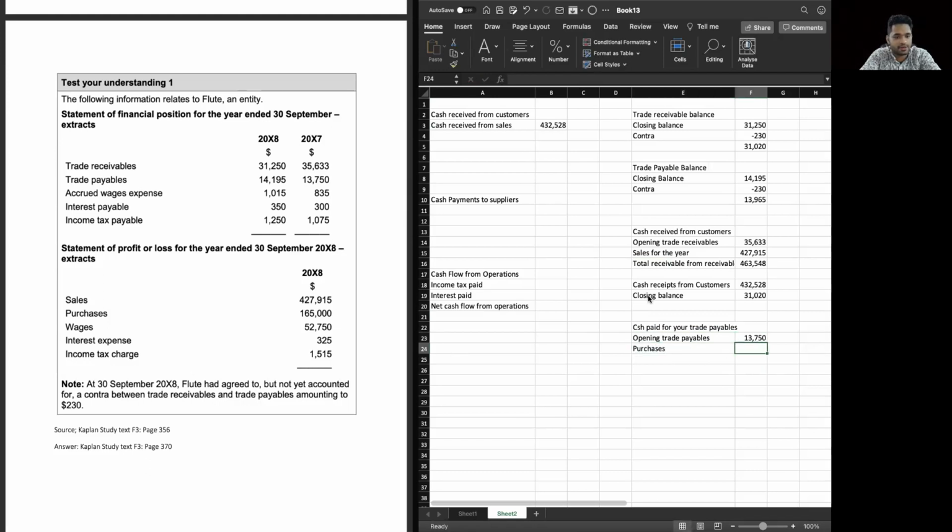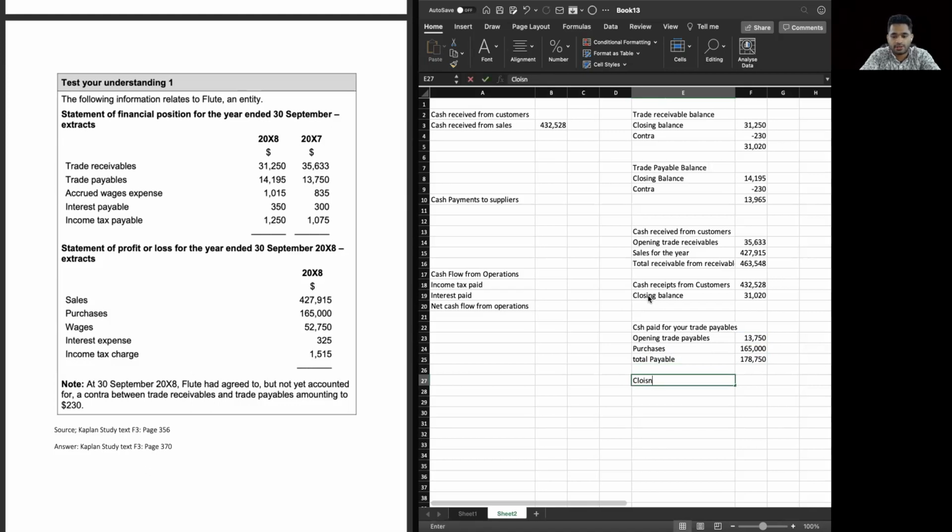Your purchases is going to be 165,000. So the total payable is 13,750, the opening balance, plus this year's purchases, 165,000. 178,750 is going to be the total of payables.